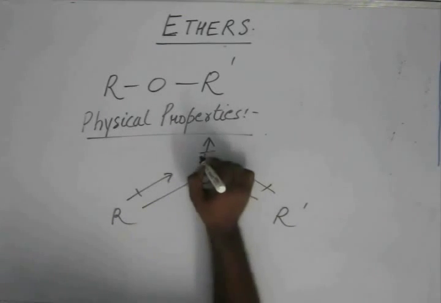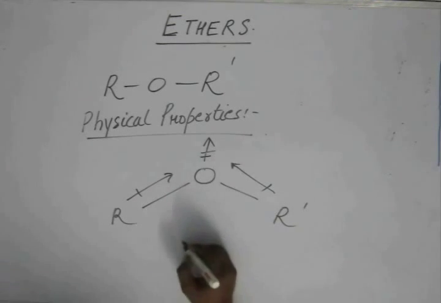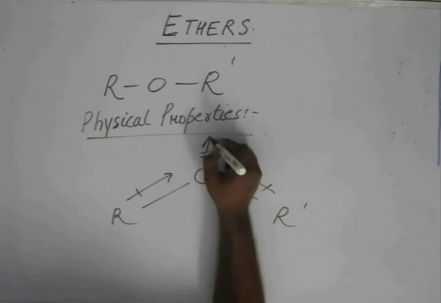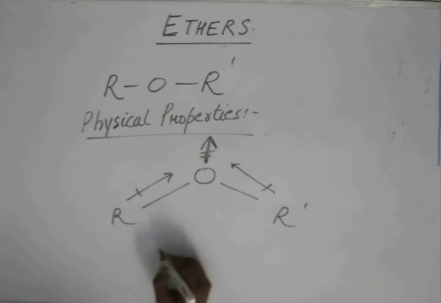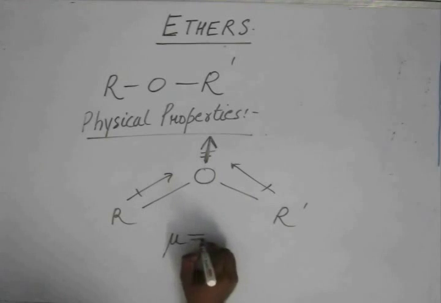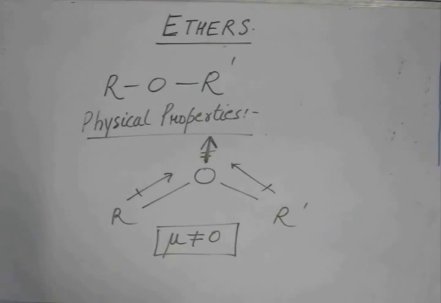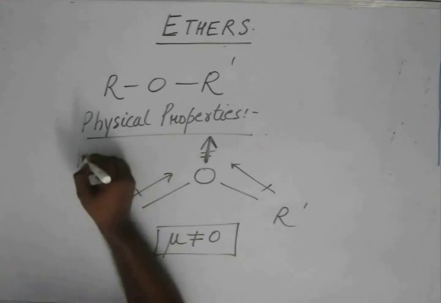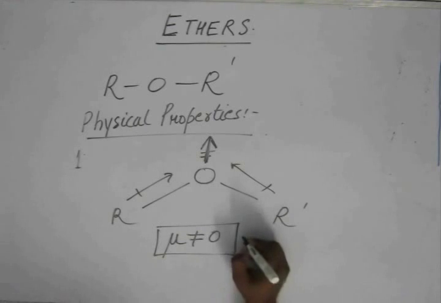So this is the resultant dipole. These are the two dipoles which add up to this vector. So ethers do have dipole moment. Mu is not equal to 0. One of the major physical properties of an ether is that these have dipole moment.